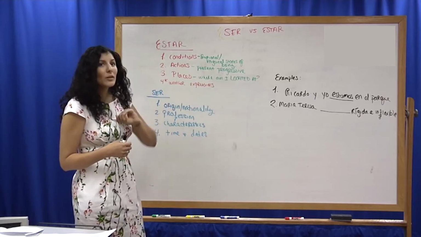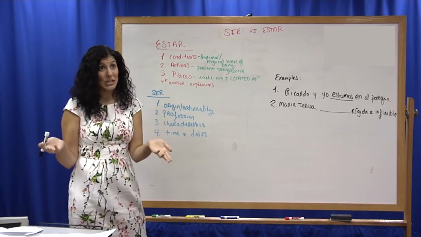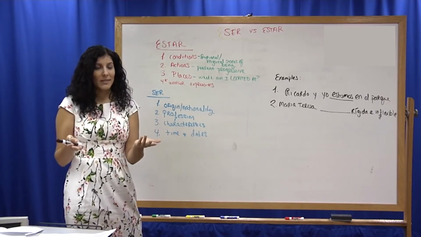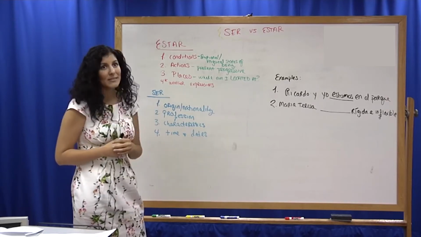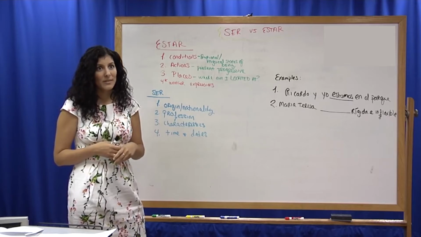Is it a part of her current location? Well, it isn't, because I don't really even know where she is, according to the sentence. So I've gone through all of my 3 categories, and the answer to all 3 questions is no. No, it doesn't fall under any of those 3 categories.